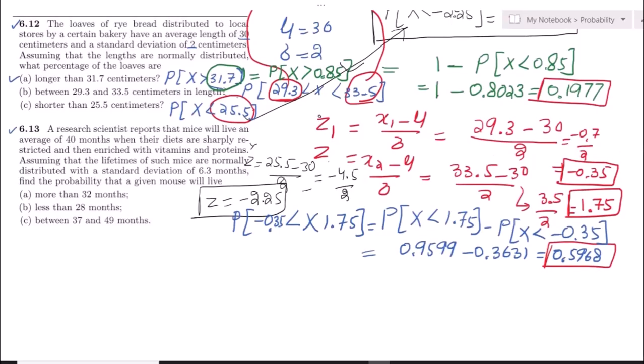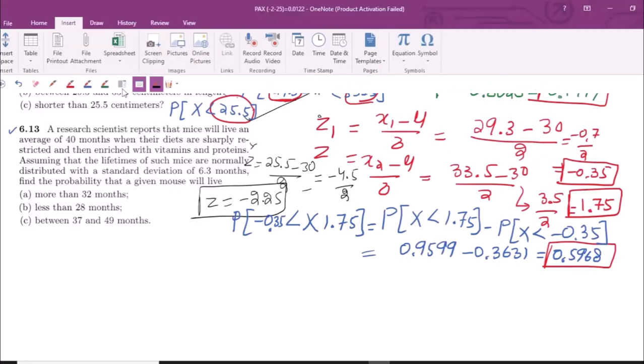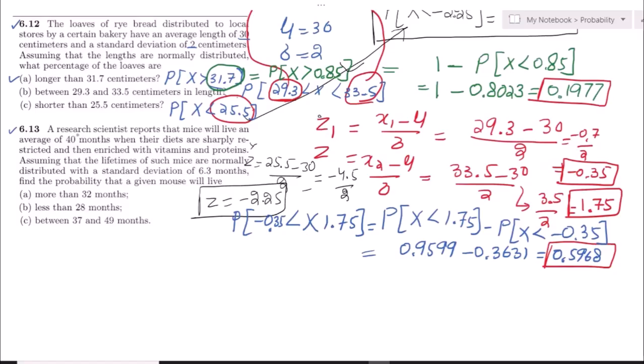Now let us move to question 6.13, and here we will have to follow the similar steps we have done for question 6.12. But what is the statement? A research scientist reports that mice will live an average of 40 months when their diets are sharply restricted and then enriched with vitamins and proteins.